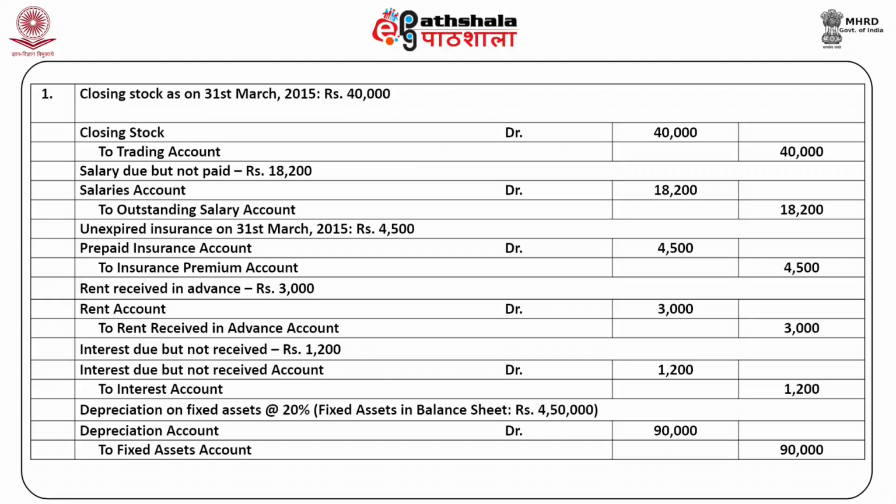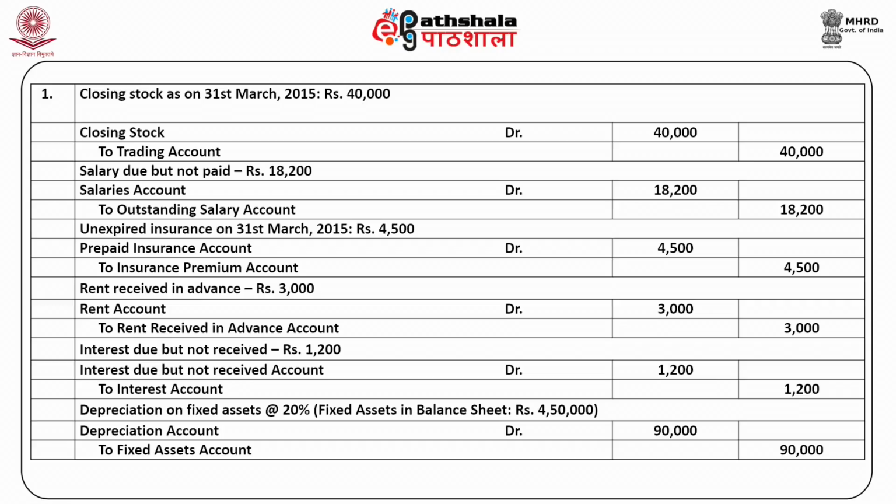Unexpired insurance on 31st March 2015, 4,500. Prepaid insurance account debited to the credit of insurance premium account by 4,500. Rent received in advance, rupees 3,000. Rent account is debited 3,000 to the credit of rent received in advance account. Interest due but not received, rupees 1,200. Interest due but not received account is debited 1,200 to the credit of interest account.